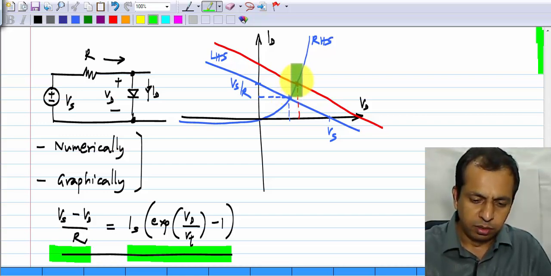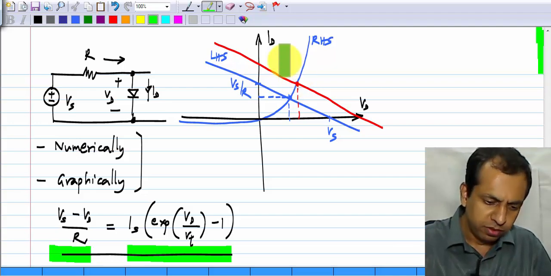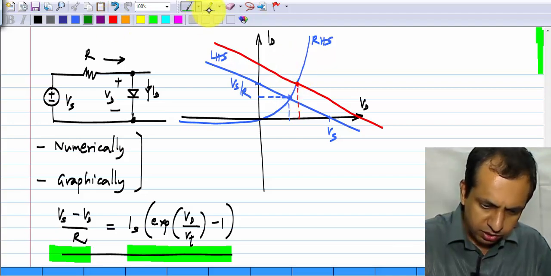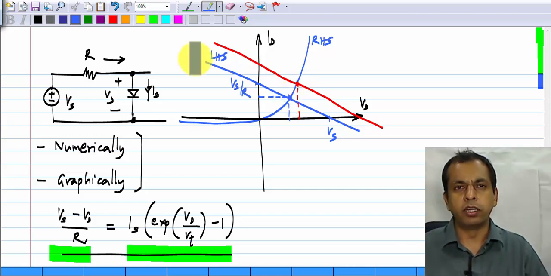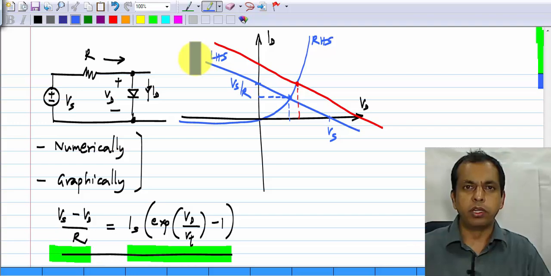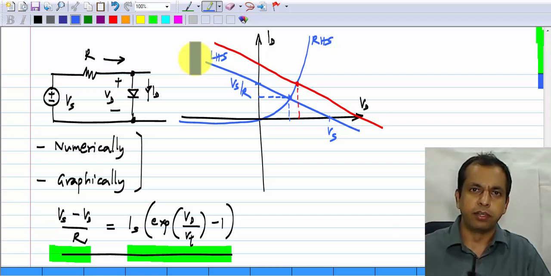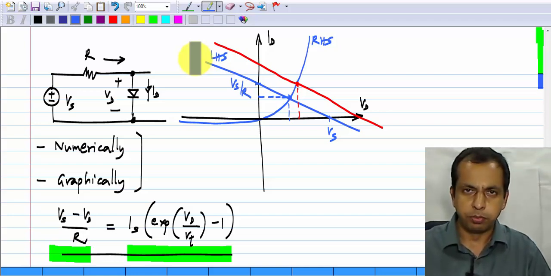The point is that if you do not move too far away on a nonlinear curve, we can approximate the nonlinear curve by a straight line. That is, you take any curve, you zoom into a very small part of it, it will look like a straight line. So, that is the principle we use.